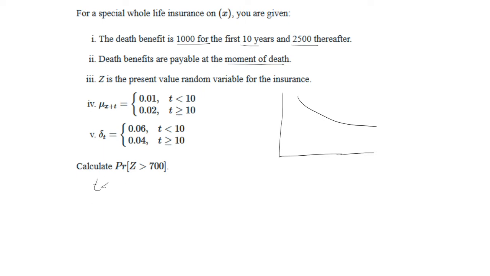So when t is less than 10, let's see if that happens. Let's say a person dies and the present value will be 1000 e to the negative 0.06 t. You want that to be greater than 700. So you have e to the negative 0.06 t greater than 0.7.